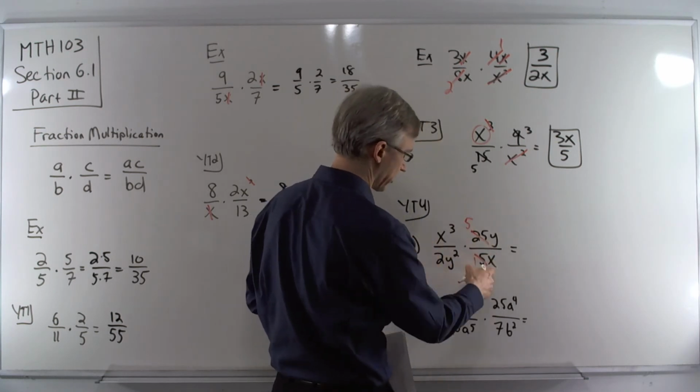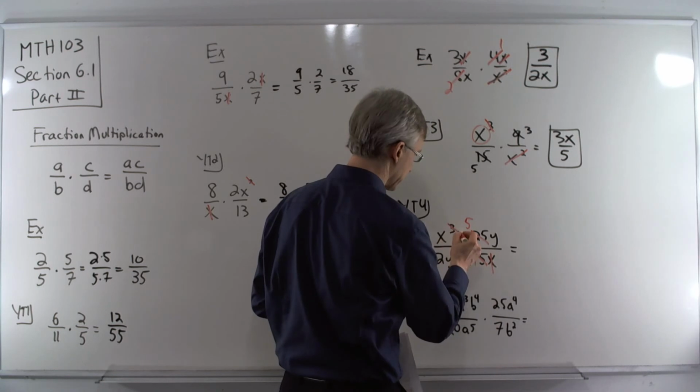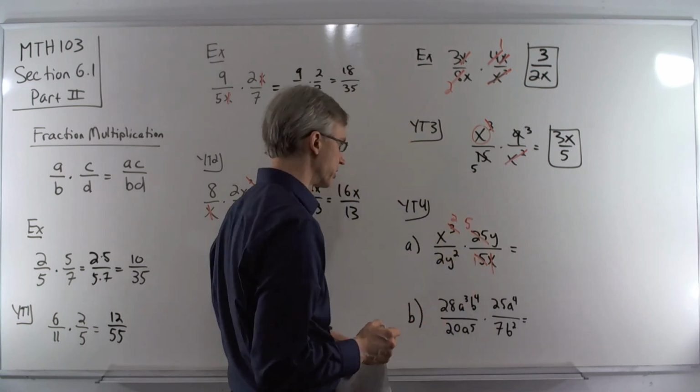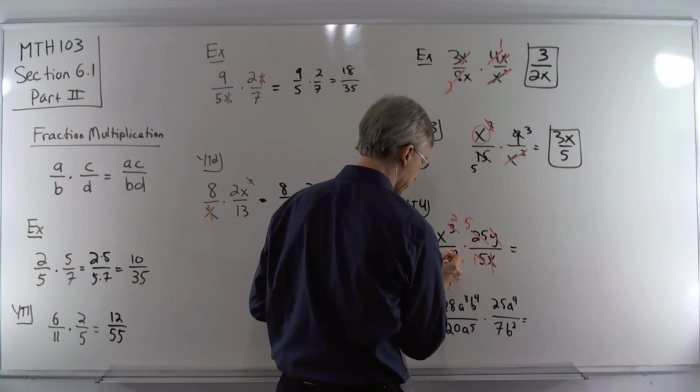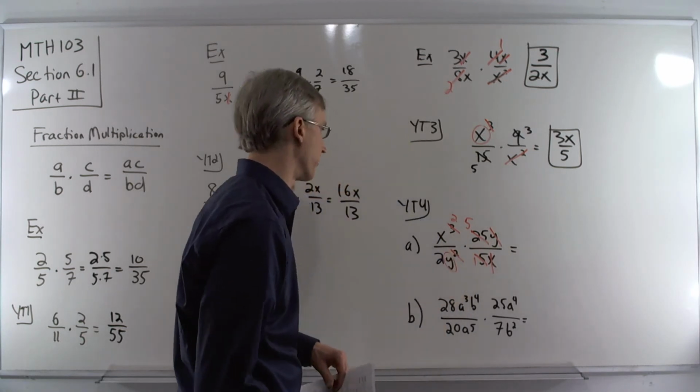We have 3 x's here and 1 here, so we can cancel one of those x's, so that exponent is going to turn into a 2. Then we have 1 y here and 2 y's down here, so that exponent is going to go away. We're going to keep the y.